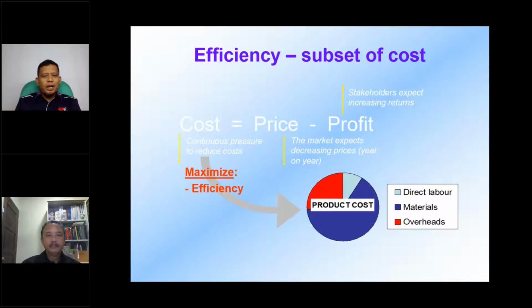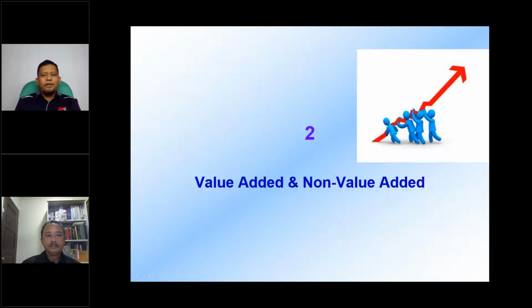All right, so how do we make this efficiency maximum? There is an important factor that's normally discussed under lean manufacturing, which is value added and non-value added.